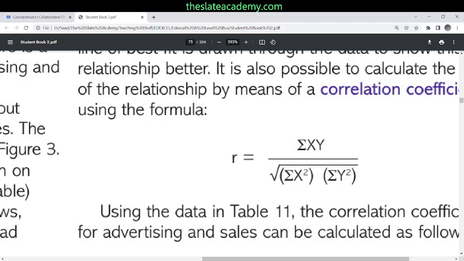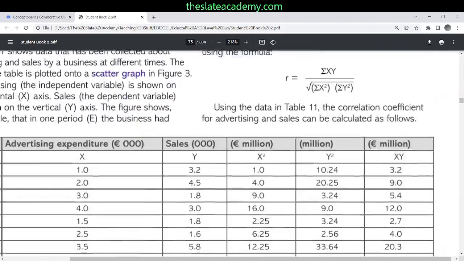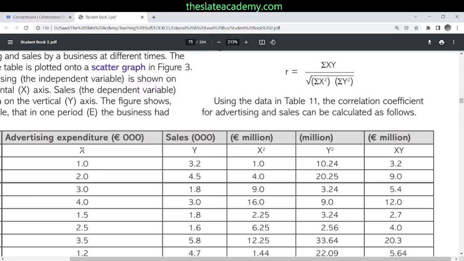So let's say you have two variables: advertisement expenditure and sales. Advertisement expenditure I call x. Sales I call y. Then for each value of x, I can calculate an x squared. For each value of y, I can calculate a y squared.